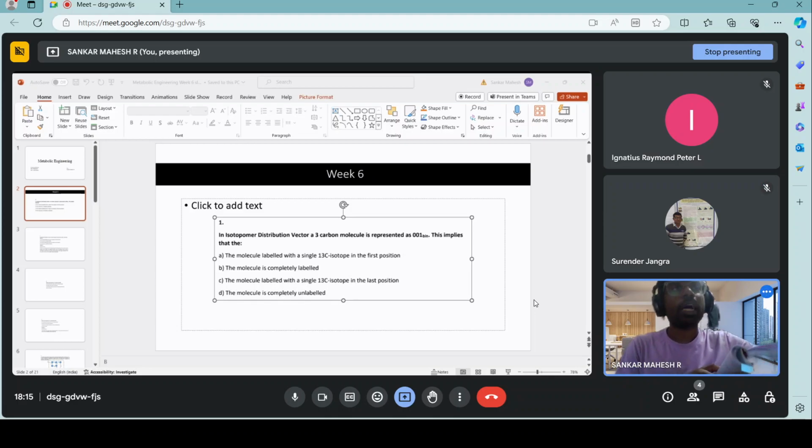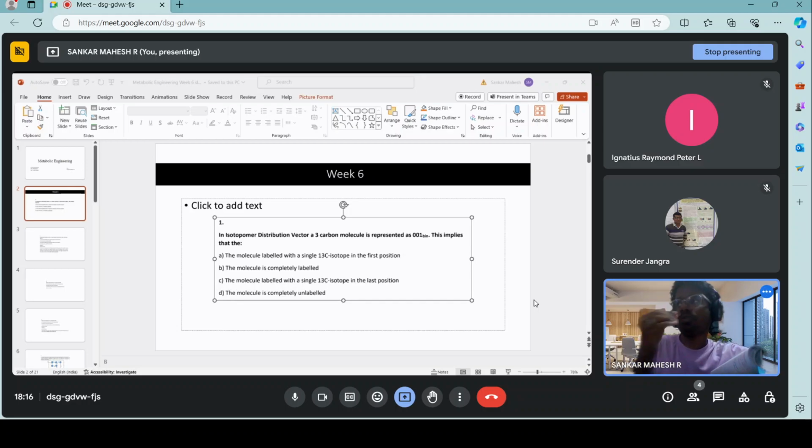So adding on to what Ignatius said, this vector called the isotopomer distribution vector is usually generated with the intensities of the different possible isotopomers that one can get when doing a labeling experiment. An isotopomer gives you all the possible positions that can be labeled for a given molecule.